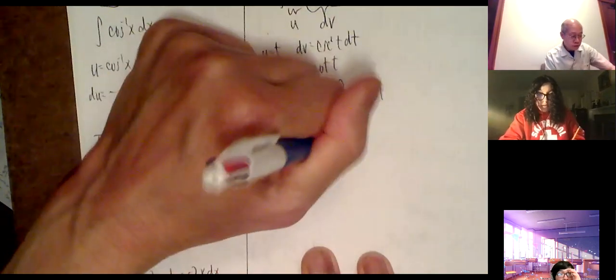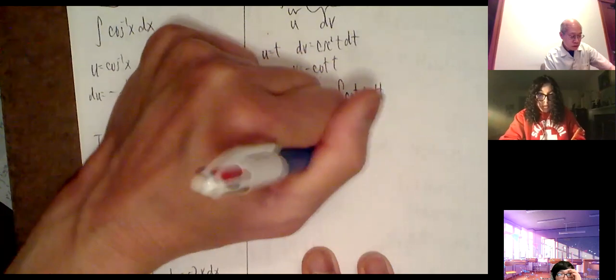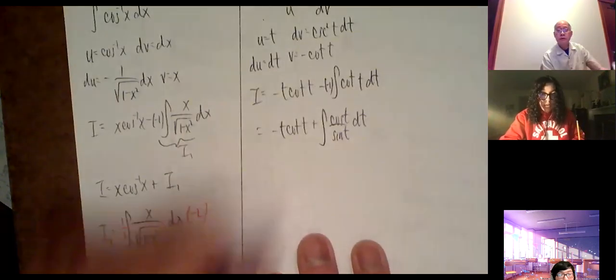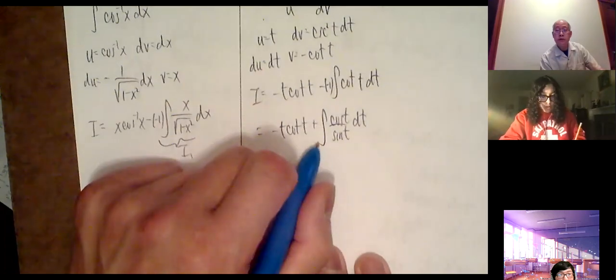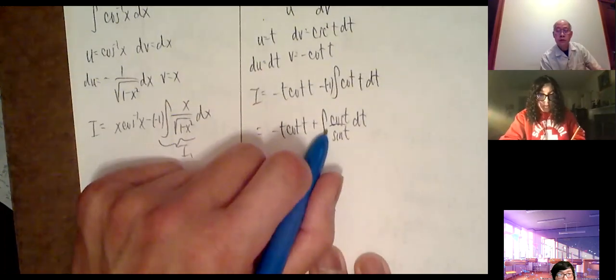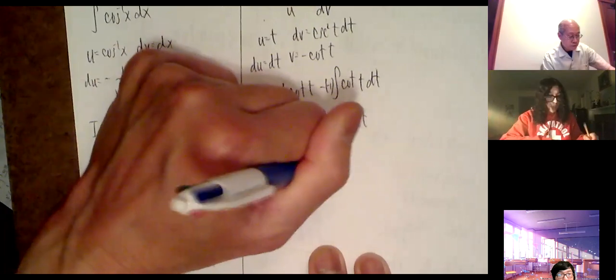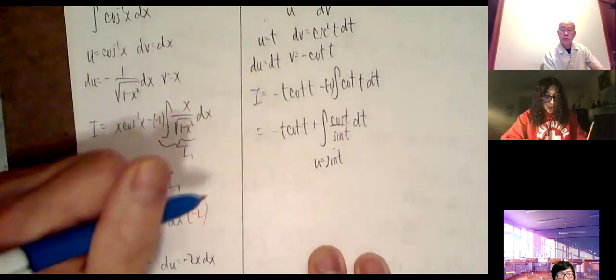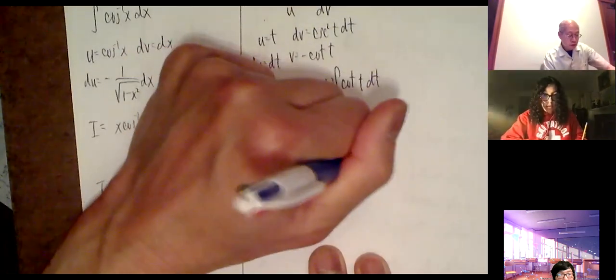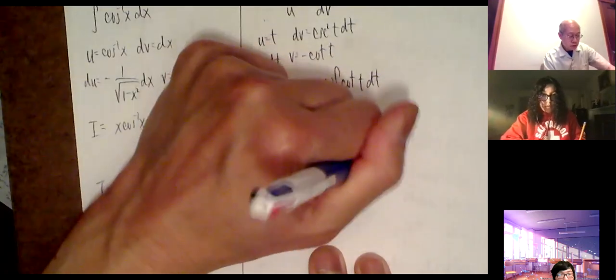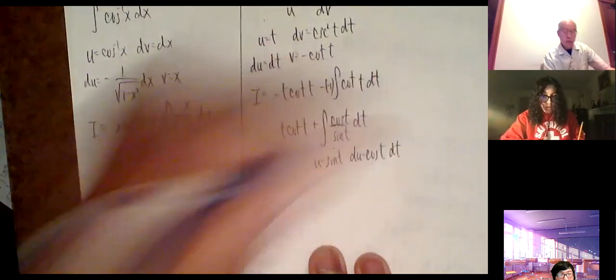Okay, let's put cosine over sine. And then do a u substitution. u equals sine t, du equals cosine t dt.